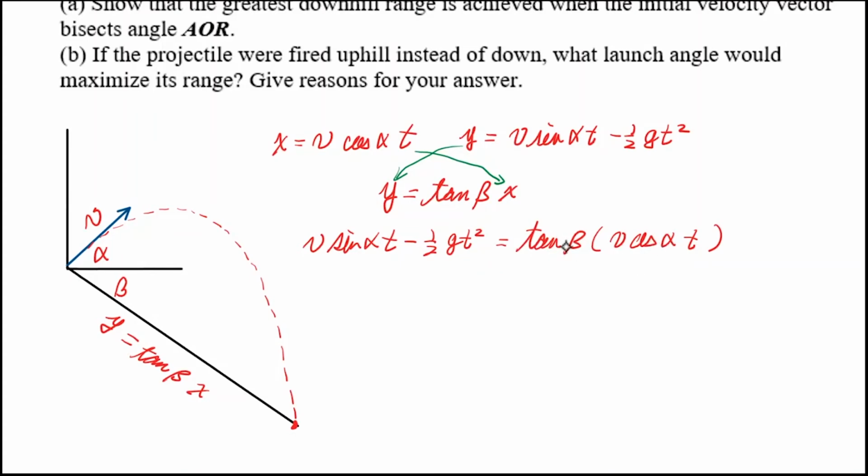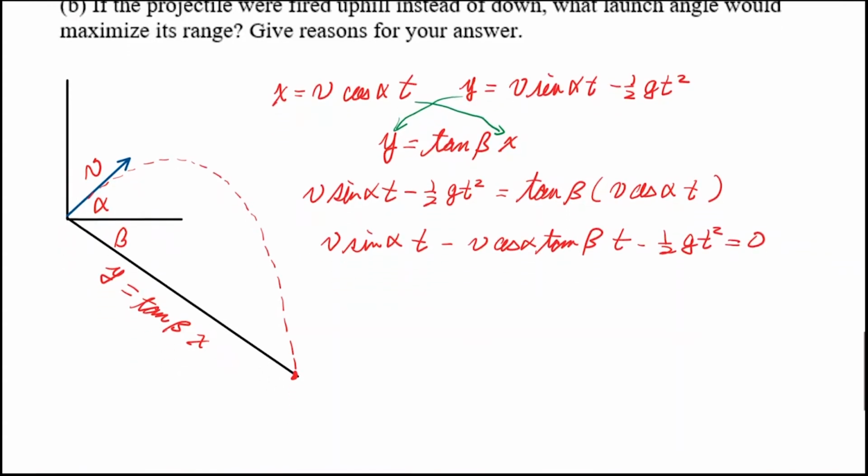Okay, these two don't mix, by the way, right? So I'm gonna bring it over. So I will have v sine alpha t, and then minus v cosine alpha tangent beta, right? And then t, just purely that, minus 1/2 gt squared is equal to 0, correct?